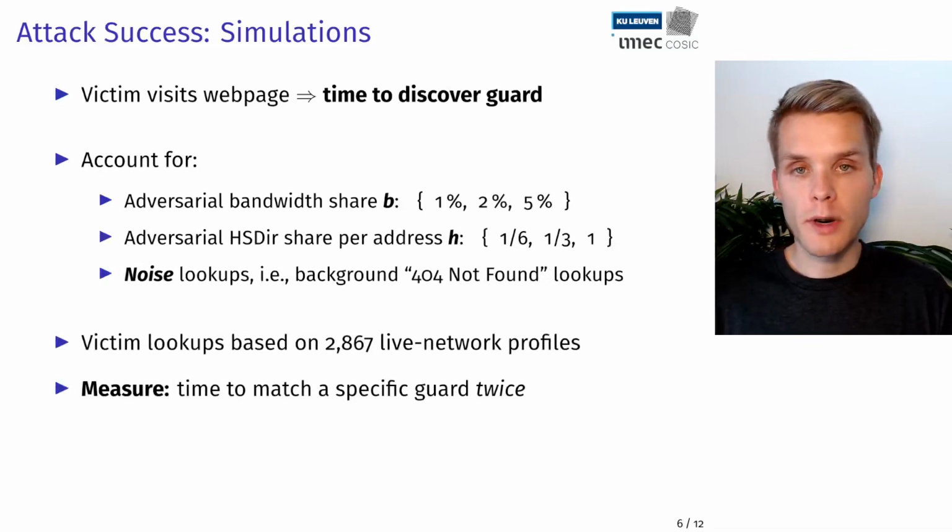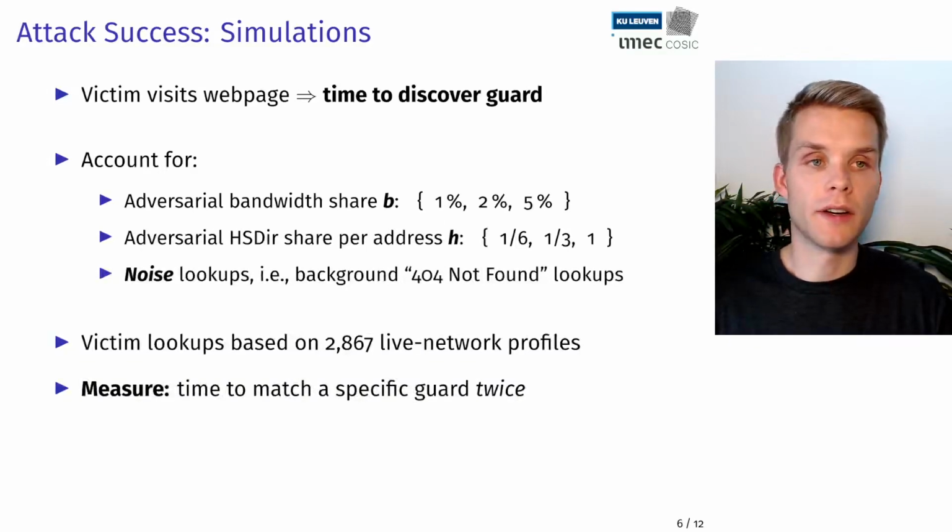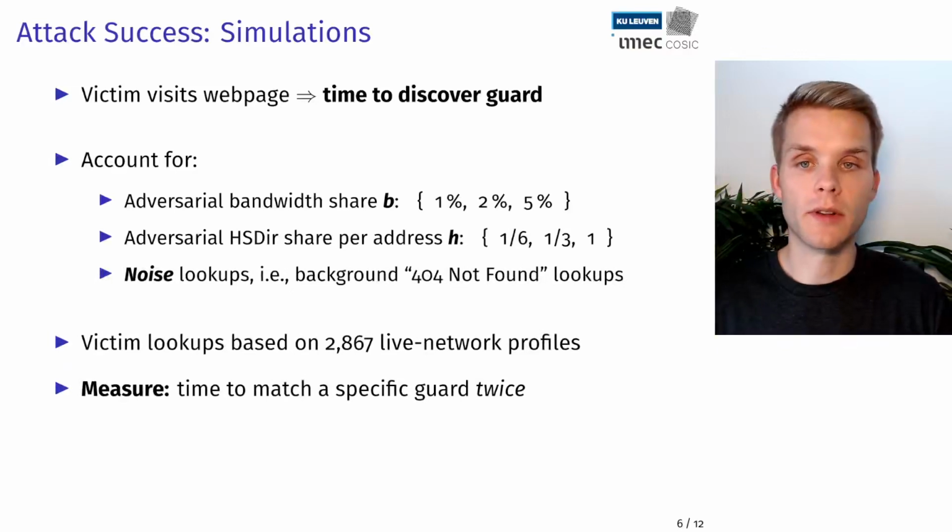From our live Tor network experiments, we have collected a large number of actual lookups that we reuse for our simulations and base our requests in the simulations on. And then ultimately, it is important that we track seeing a guard twice for the adversary. So we want to note down the occurrence of a particular guard twice for a victim before we make a decision, because this drives down the false positive rate.